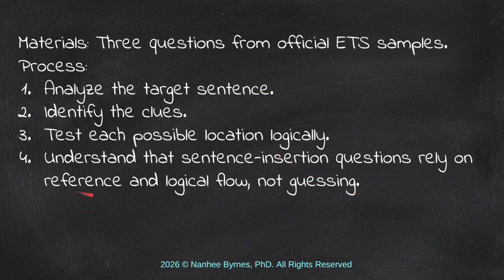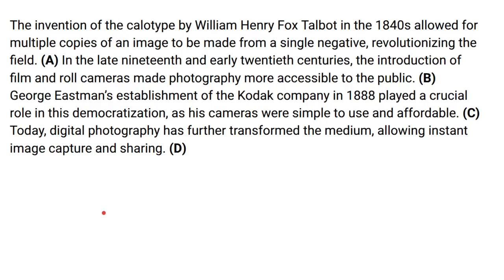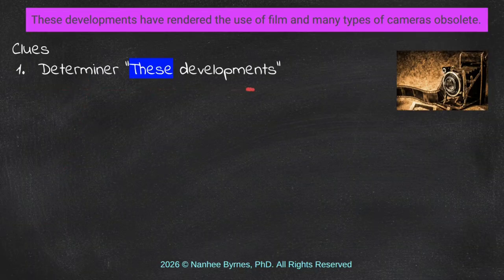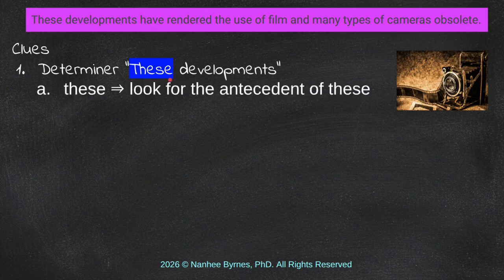Question 1. Our target sentence is, these developments have rendered the use of film and many types of cameras obsolete. The first clue is these developments. That's a major clue. The word these refers back to something mentioned earlier, so the target sentence must come after some developments have already been described.